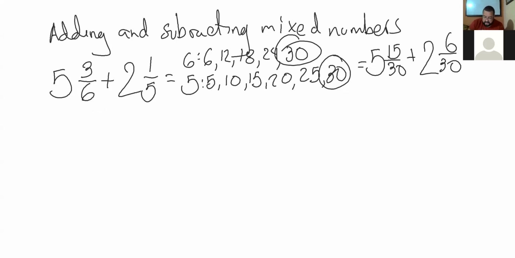So now we can add. 5 plus 2 equals 7. Copy 30, that is the denominator. 15 plus 6 equals 21. If we simplify this, it equals 7 and 7 tenths, because we divide the fraction by 3.